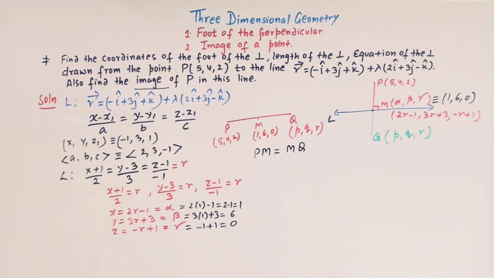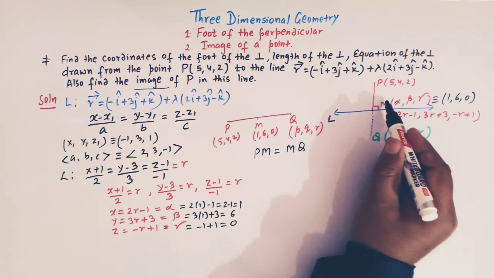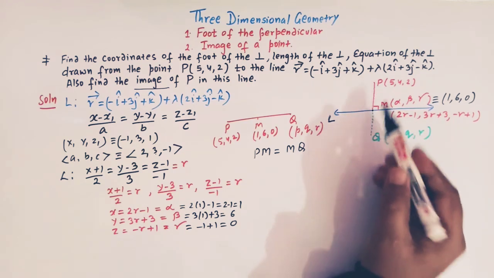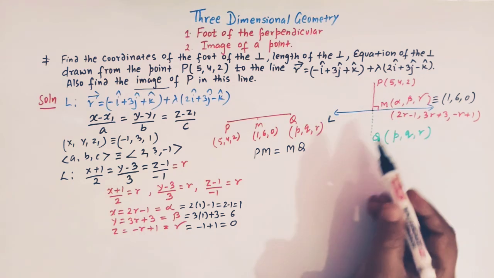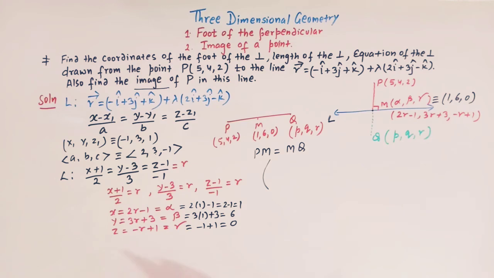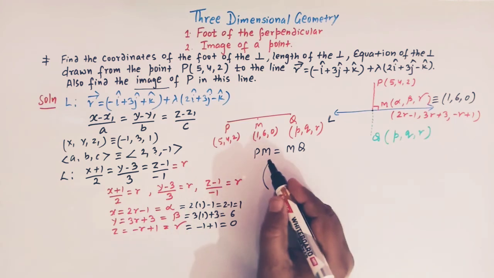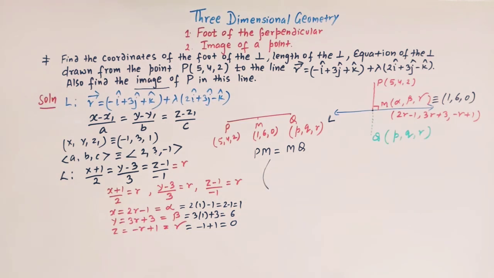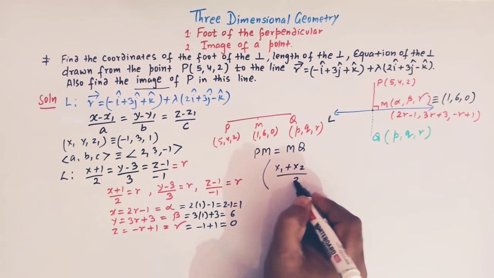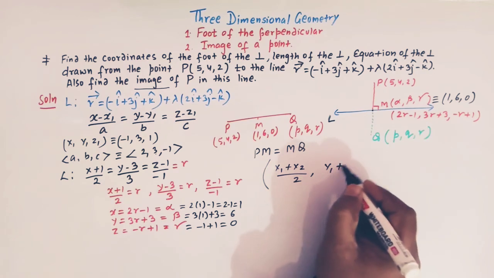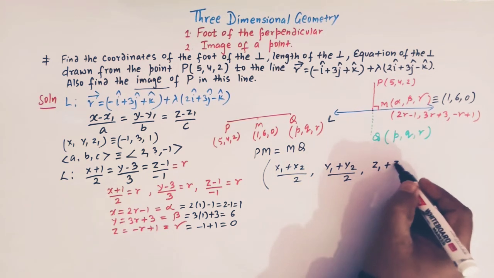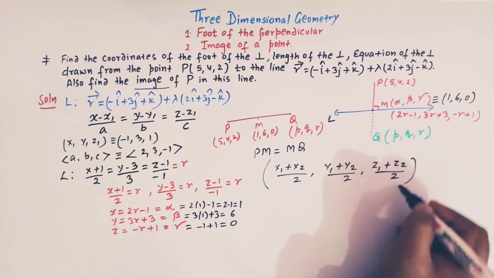So here we can find the coordinates of this point M, which is the midpoint of PQ, right? So by the midpoint formula, which is given as (x1 plus x2) over 2, then (y1 plus y2) over 2, and then (z1 plus z2) over 2, right?